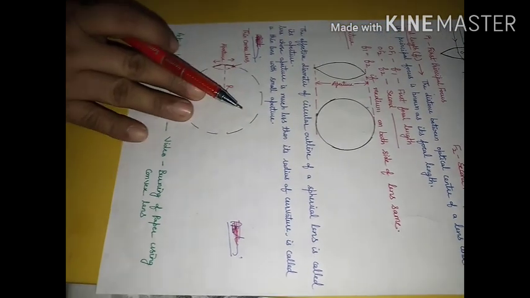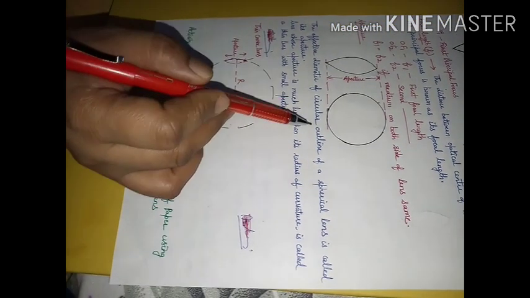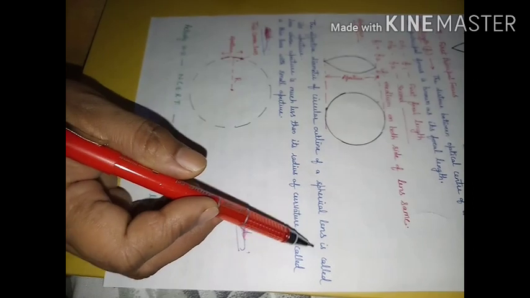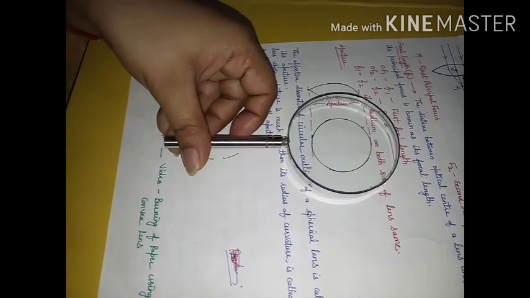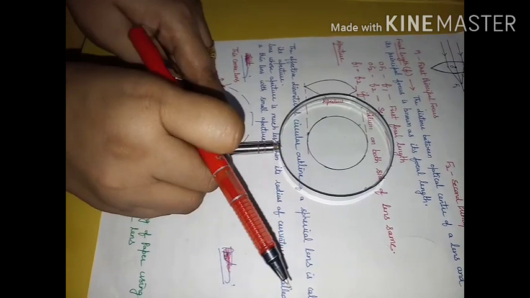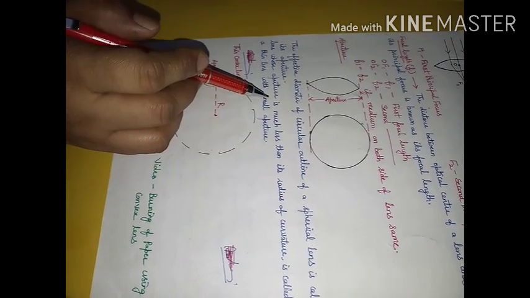So what is aperture? It is the effective diameter of the circular outline of a spherical lens. Like this you have a lens, then you can keep it like this, then you draw the boundary, and the diameter of that circular part will be known as its aperture.